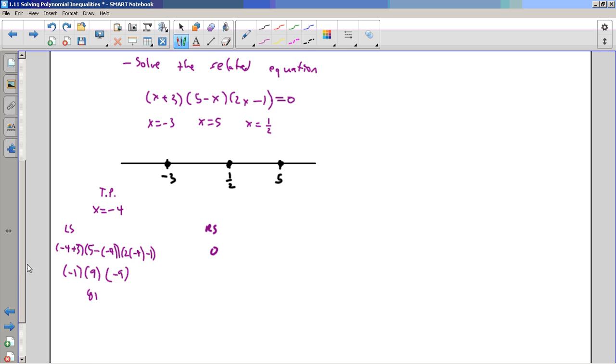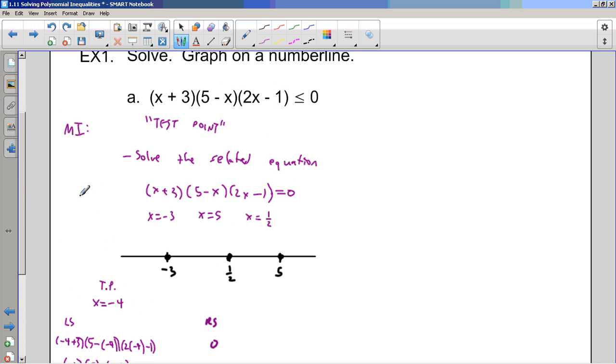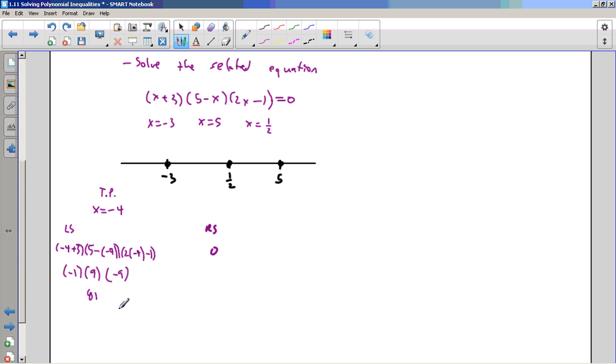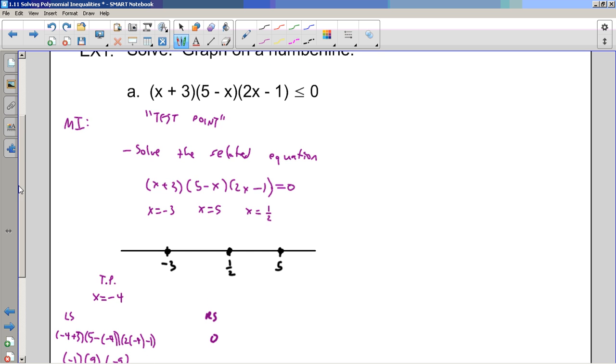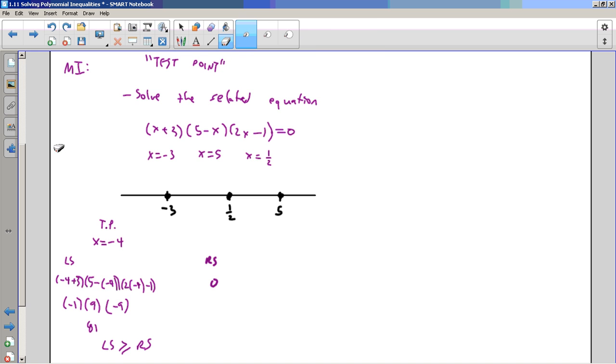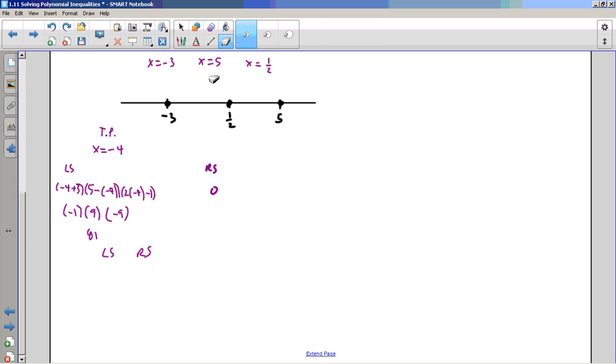So is 81 less than or equal to the right-hand side? Is the left-hand side less than or equal to the right side? No, it is not. It is more. So x equals -4 is not a solution. So that region is not a solution.